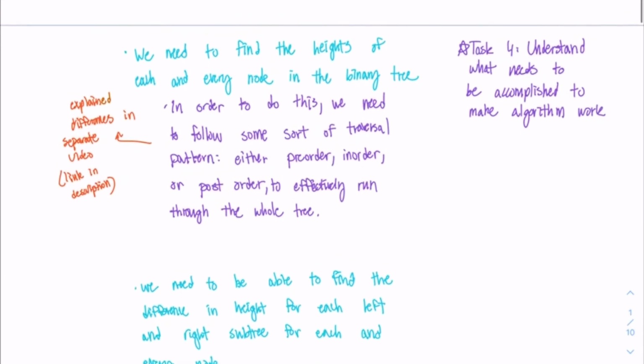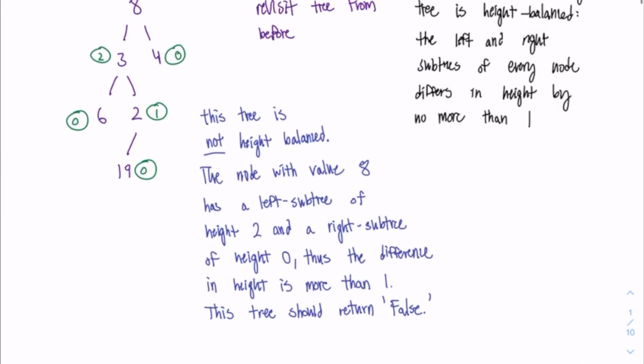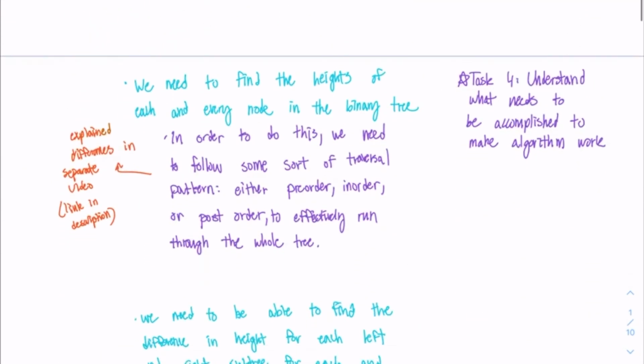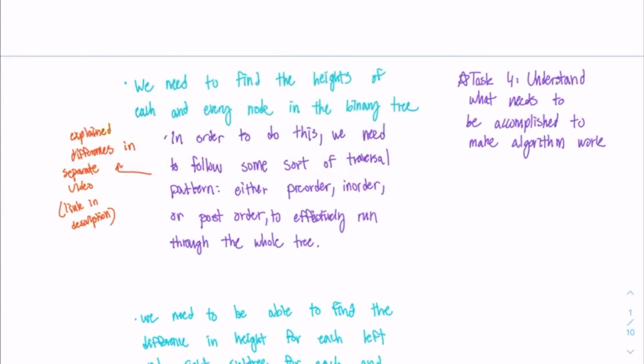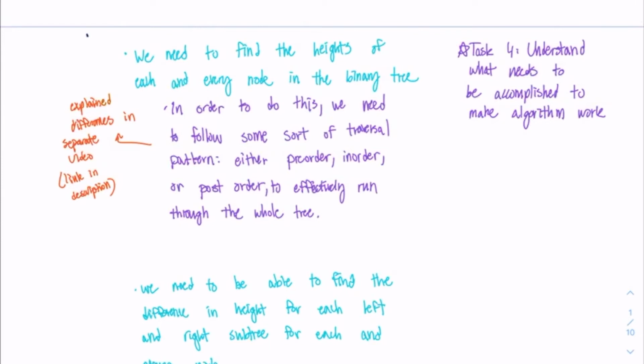In order to really get into how we have to implement this, we have to understand a couple of things. We have to look at very specific tasks we need to accomplish in order to get this algorithm to work. First of all, we need to find the heights of each and every node in the binary tree.